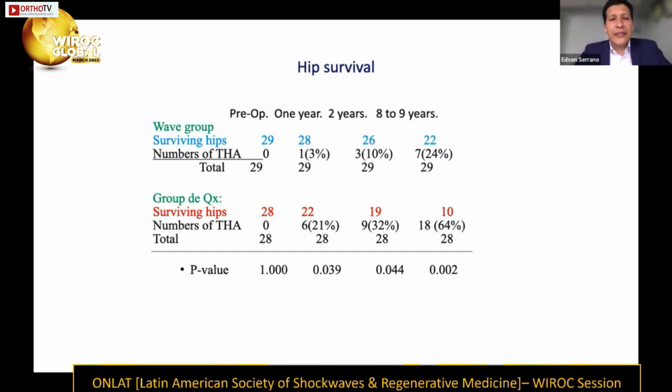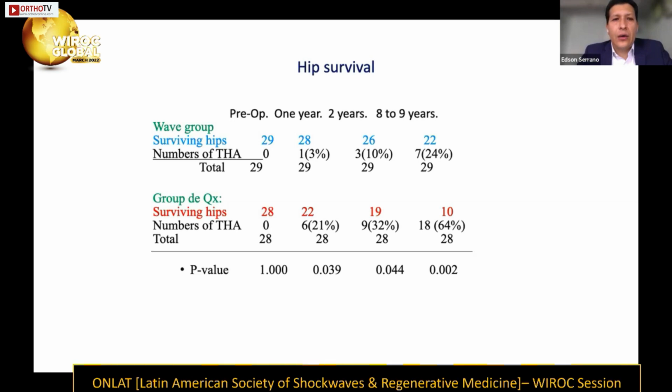In results, we can see the hip survival. First, in the shockwave group, the survival of the hips is 22 of 29.